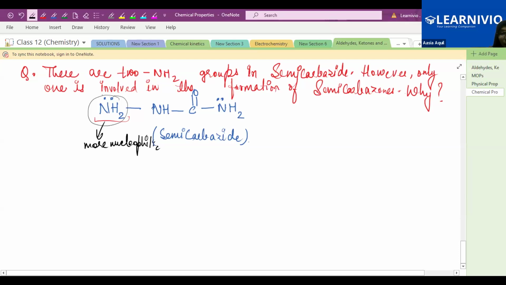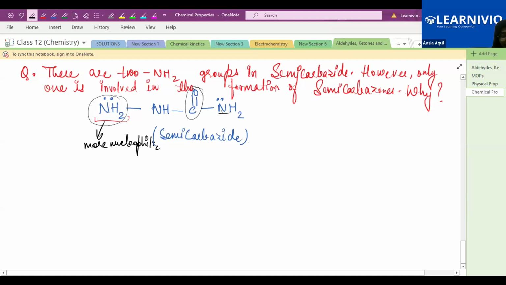Its lone pair is free. But the lone pair of this other nitrogen is involved in the resonance with its carbonyl group. This nitrogen is directly attached to the carbonyl group, so its lone pair is not free, and due to that it is less nucleophilic.